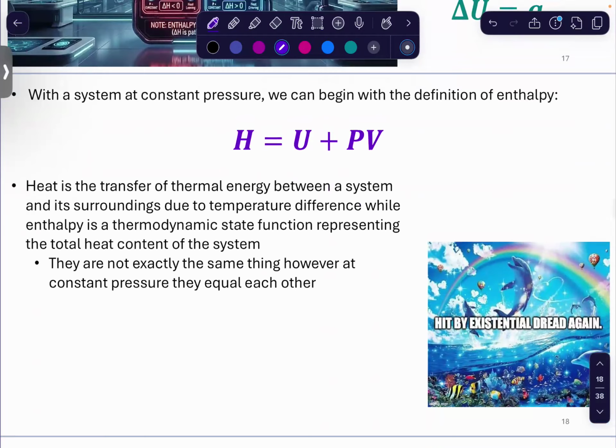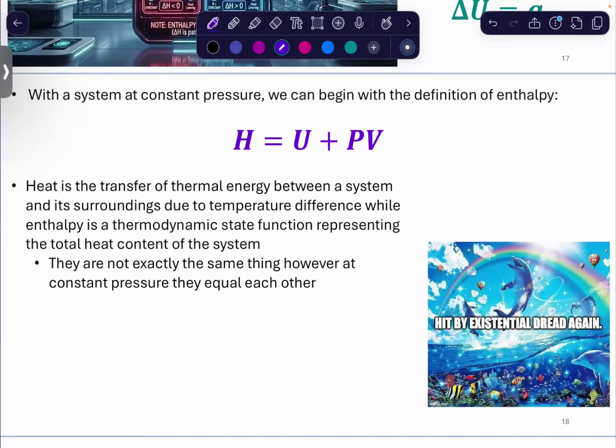So here we have a new definition, H equals U plus PV. This is your definition for enthalpy. Of course, U is the energy of your system, P is the pressure of your system, and V is the volume of your system. We want to make sure we get a couple of definitions down.